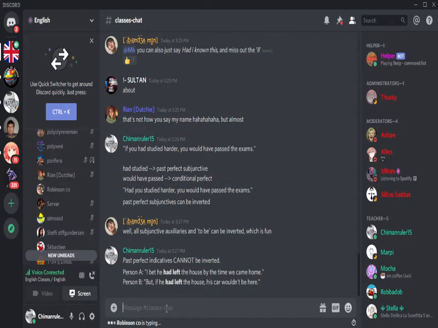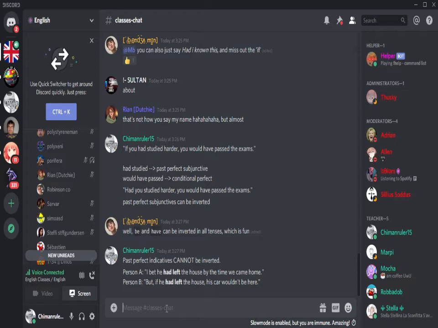Person A says, I bet he had left the house by the time we came home. And person B says, but if he had left the house, his car wouldn't be here. This is what we have here, a past perfect indicative, not a past perfect subjunctive. And I know this because if you invert the past perfect in the second sentence, you would make it sound counterfactual. But that's not really what you want to do, because the indicative is used for situations that are true or believed to be true.